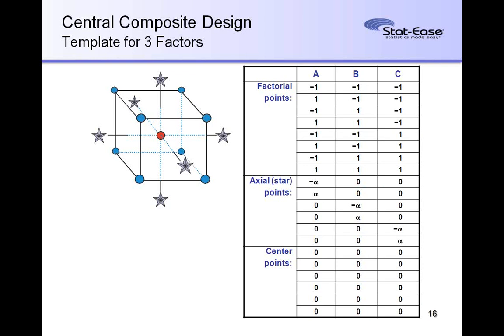And if you think of it, this is kind of like what you might do in a one factor at a time experiment. You set all your factors at a specific level, and you change one factor to its extreme, to another level. So taking that first axial or star point, you've got B and C set to its center point, and A stretches first really low, and in the next run it stretches really high.